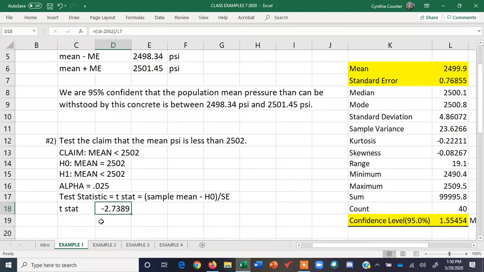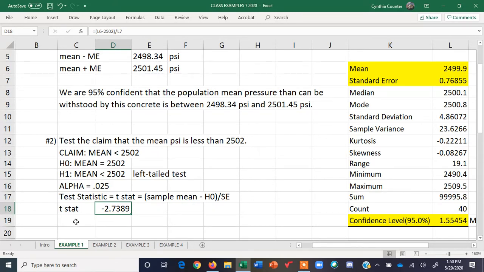We should expect it to be negative because this is a left-tailed test, since we have a less than in our claim and our alternative is a less than. Also notice it's a bit beyond 2 standard errors from the mean, so this is likely to give us a small p-value, smaller than alpha, which would reject the null and support the alternative, like we're expecting based on our confidence interval we just computed.